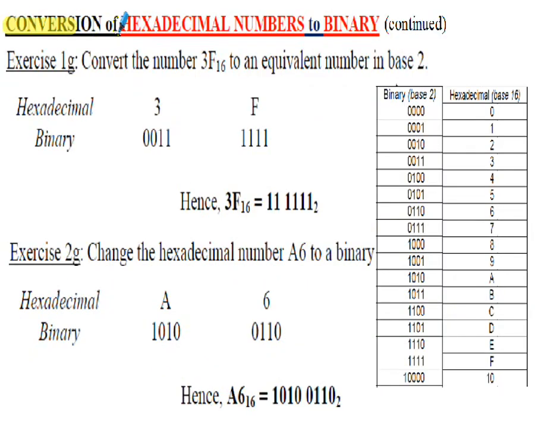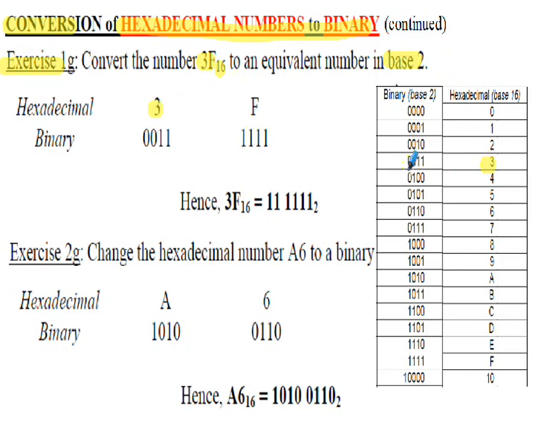So, conversions of hexadecimal numbers to binary using table 2. Exercise 1G, we're asked to convert 3F in base 16 to binary base 2. Don't forget we're simply using table 2 on the previous slide. I've just shown an extract of it here on the right hand side for convenience. In hexadecimal we're looking for 3.